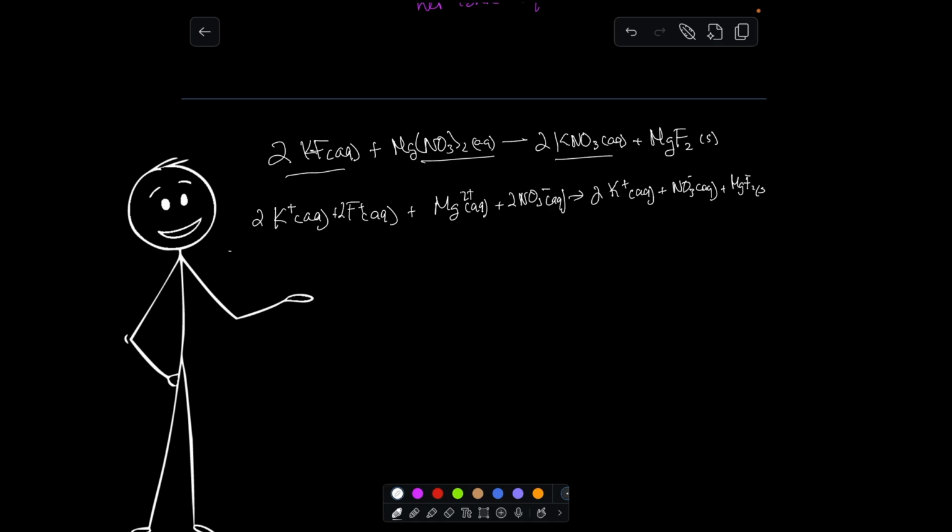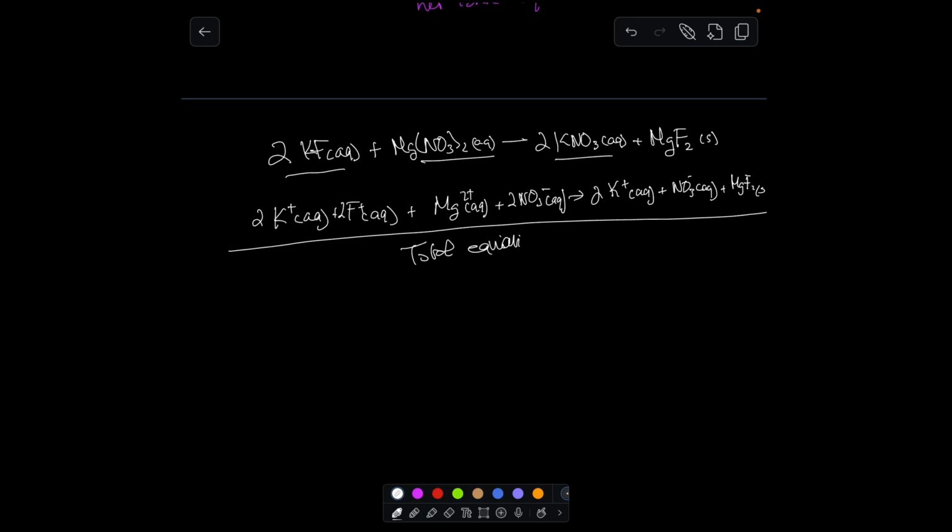So here is our total equation, right? Total ionic equation. And now go ahead and tell me what cancels out. Great. So we can see that the K's, the potassium, are going to go, as well as the NO3. So now we are left with the F's and the Mg's and the product.